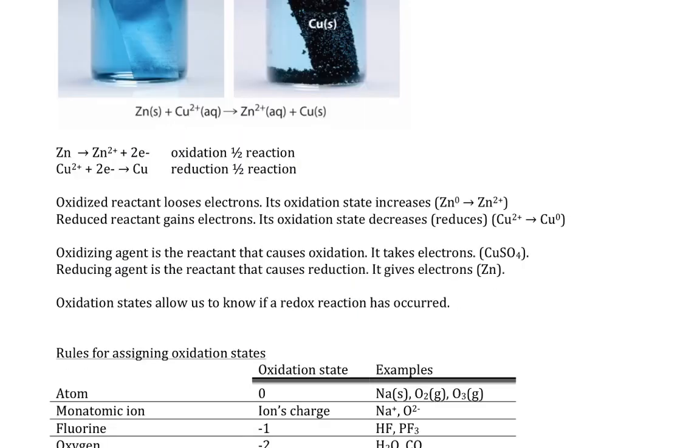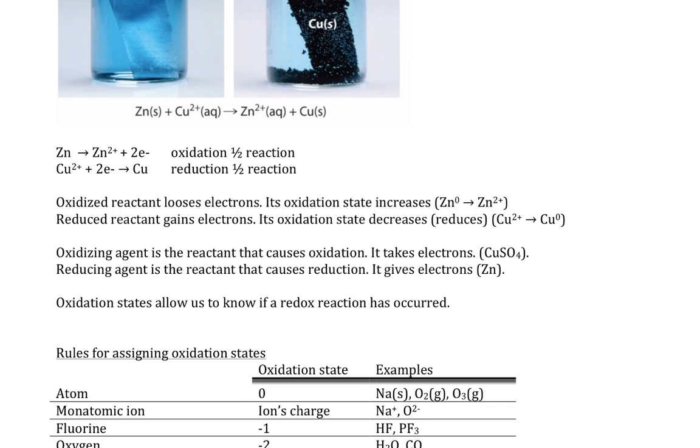The zinc atom has gone to zinc 2+ by giving up 2 electrons. The copper 2+ has taken on those 2 electrons to give us copper, the atom. These two reactions combine to give us our overall reaction, zinc plus copper 2+ yielding zinc 2+ plus copper. We could call them half reactions.